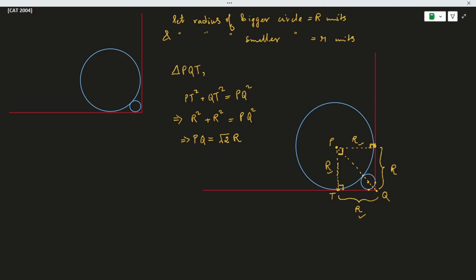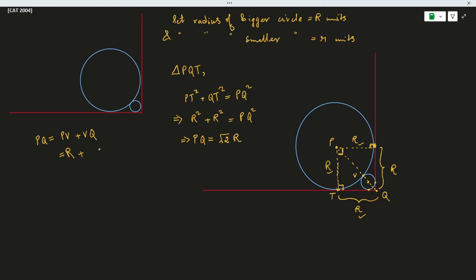And the two circles are touching at this point, right? Suppose this is point V. Can I write PQ equal to PV plus VQ? Yes. What is PV? PV is capital R only, radius of the bigger circle, plus VQ.